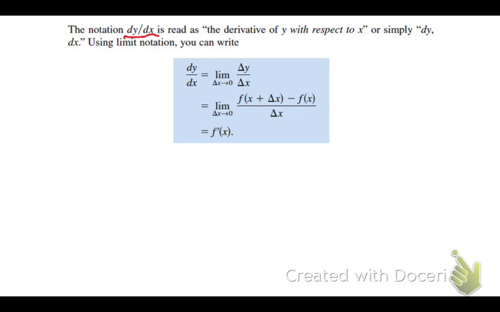I say dy dx, and in your head you hear the derivative of y with respect to x. x is the variable you are differentiating. Using the limit notation, we can write dy dx equals the limit as change of x approaches 0 of change of y over change of x, which gives me that limit formula that we've been using. And our result is our derivative.